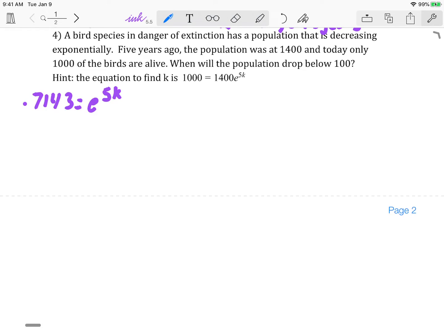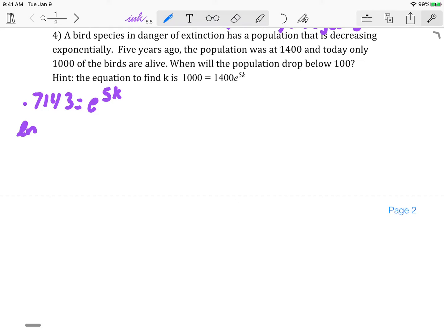Well, now I want that k to come out. So I take the natural log. The other thing you could do, sometimes it's easier, is if you want to work in fractions, that's another option too. So that 0.7143, or if you do 1,000 over 1,400, you get 5/7.